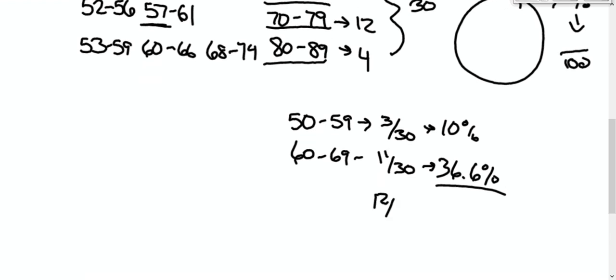So 12 out of 30 would be 40%. And then 4 out of 30, this is my 13.3%.